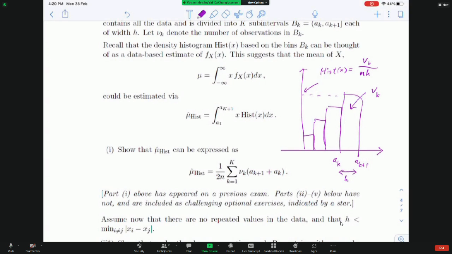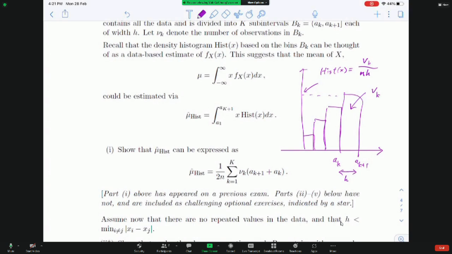First, according to your data, we partition it into different class intervals: A1, A2, A3, A4, and so on, depending on the number of intervals. After that, we count the number of observations falling in each of the intervals, which is our Vk. Vk is our frequency, the count of data in your sample falling in this interval.